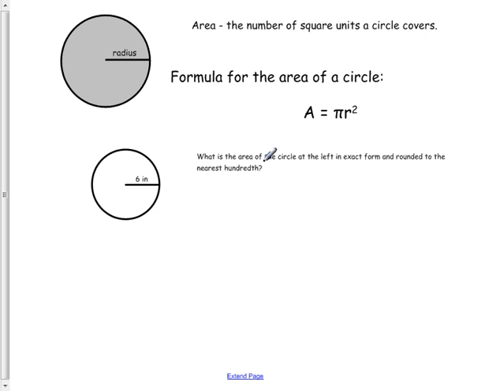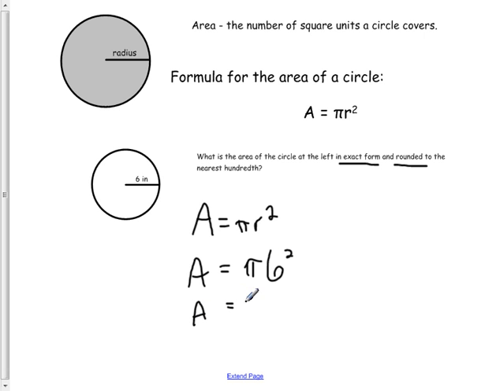So this is like the same problem. It says what's the area of the circle at left in exact form and rounded to the nearest hundredth. So the area of this circle, and it's still a radius of 6, is pi times radius squared. So the area is going to be pi times 6 squared. And so 6 squared is 36.